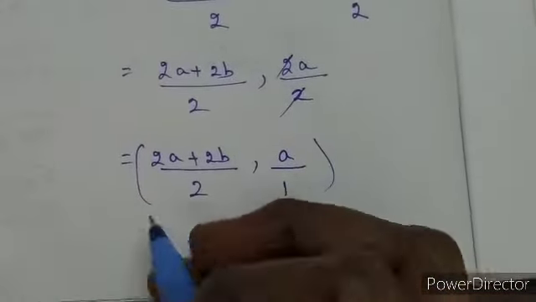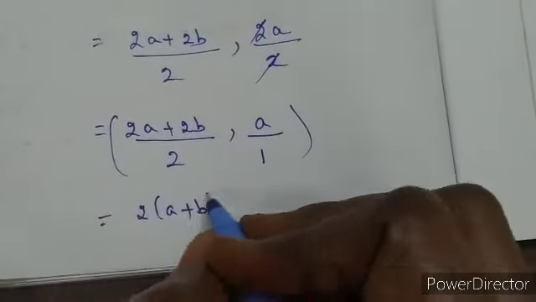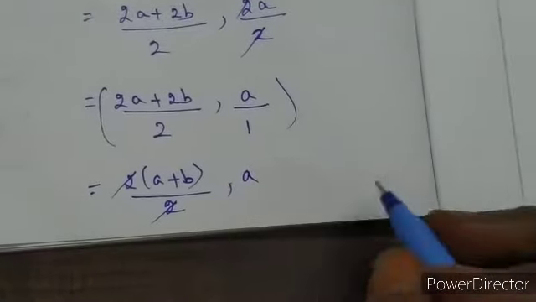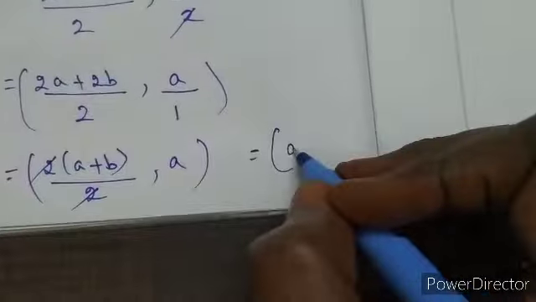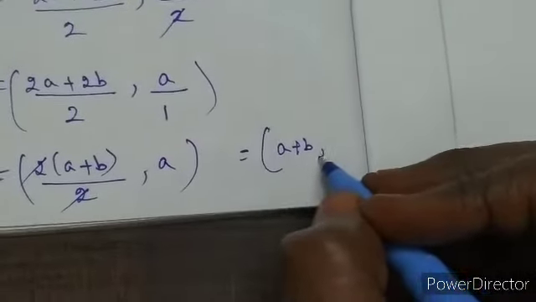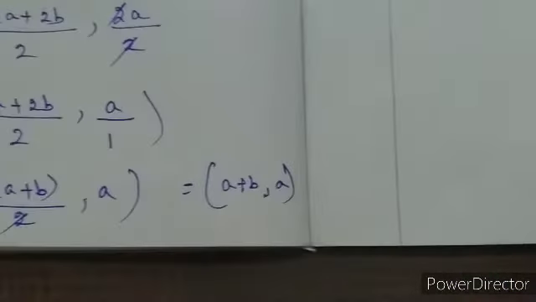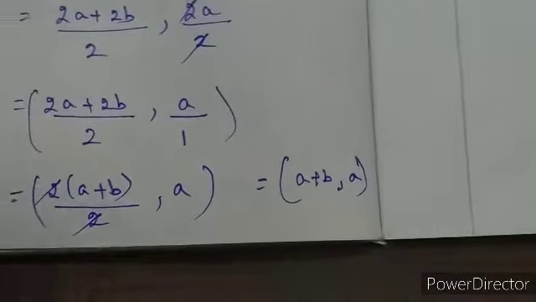Now take the common 2 out: 2 times (a plus b) divided by 2, and a. So 2 and 2 cancel. Now your answer is (a plus b, a). The midpoint's first value is a plus b and the next value is a.